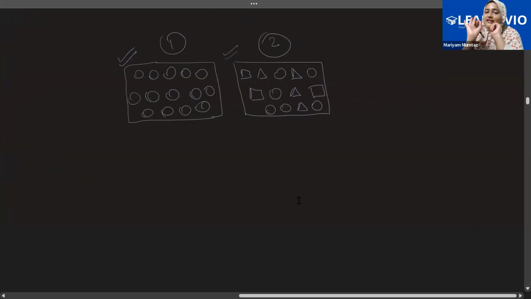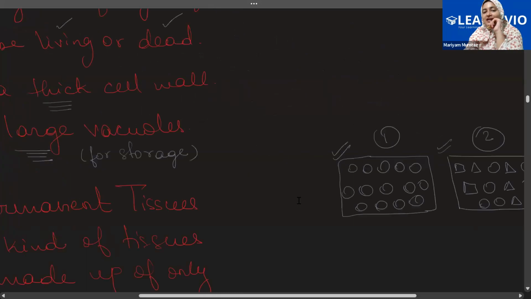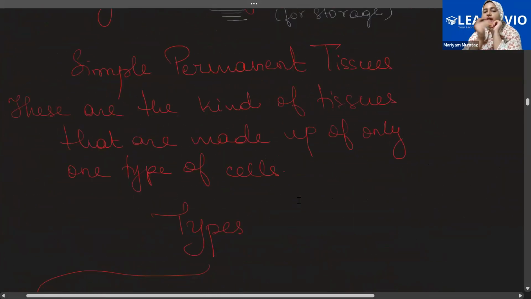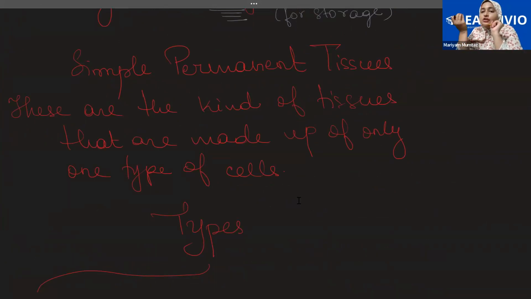So this is the basic thing that you have to understand when we talk about simple permanent tissues and complex permanent tissues. See, simple means the most basic kind of thing. So simple permanent tissues are those tissues that are made up of one type of cells. Meaning if there are 100 cells making up this tissue, then all of those 100 cells will have the same size and same shape.